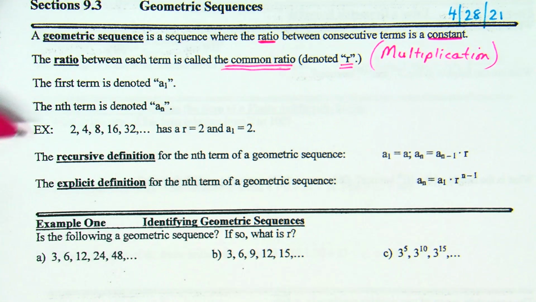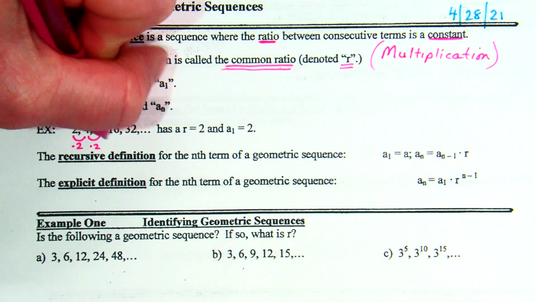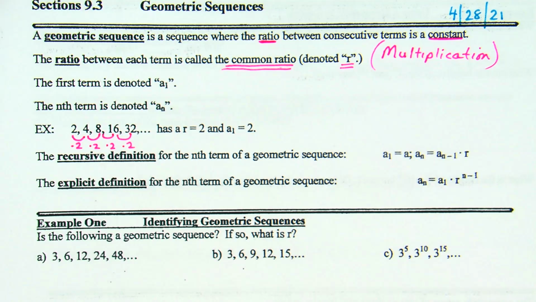An example here: 2, 4, 8, 16, 32. I think we had the same sequence somewhere in yesterday's notes. What do you notice about 2, 4, 8, 16, 32? Okay, multiplying by 2. 2 times 2 is 4. 4 times 2 is 8. 8 times 2 is 16. 16 times 2 is 32.